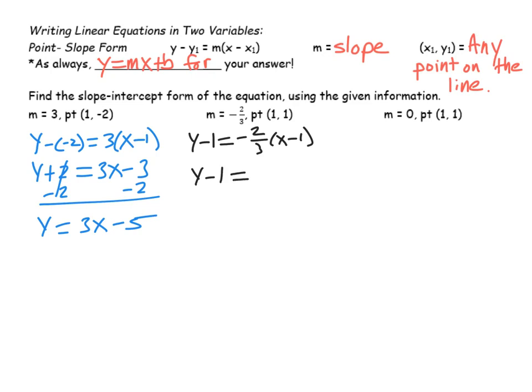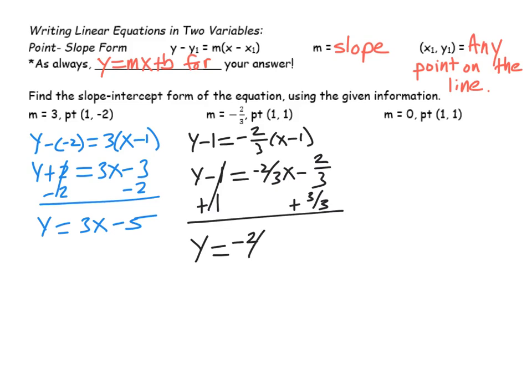Really 3 things to substitute: the slope and then the point that you know. X1 was 1, Y1 was 1. Distribute the -2/3. Now we've got to add 1, which I'm going to call 3/3.